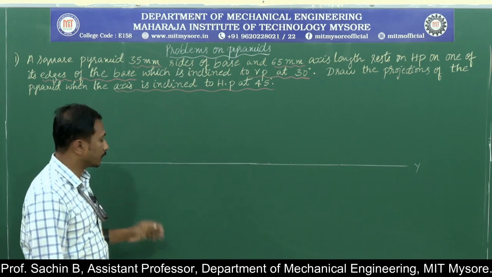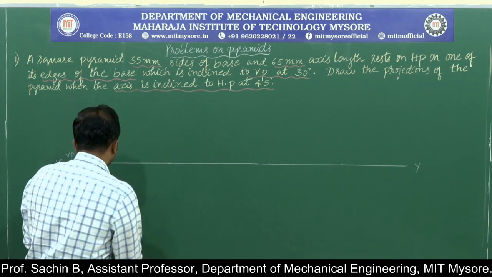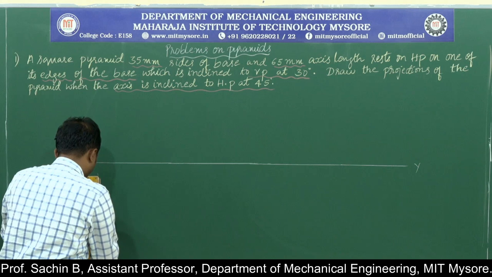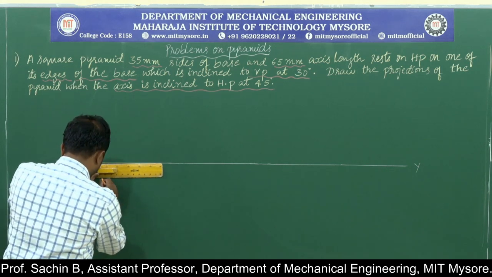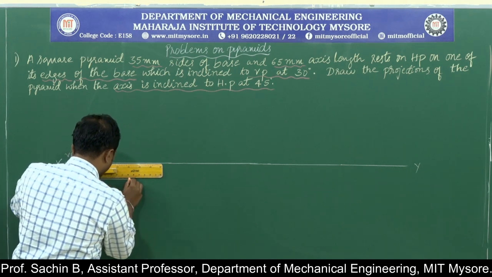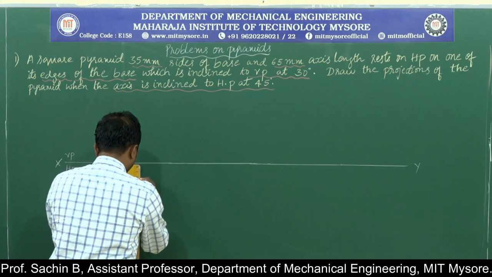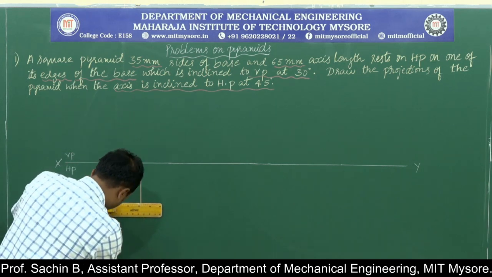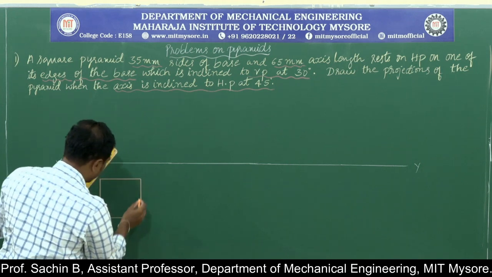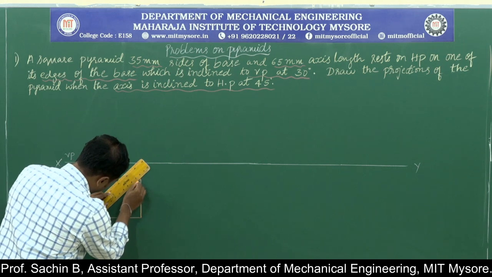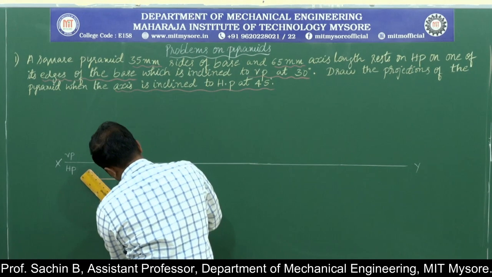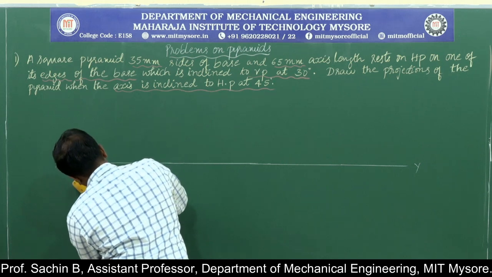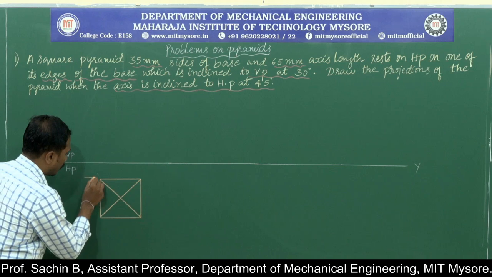Based on that condition, here I am going to draw a square pyramid resting on an edge on HP. Okay, this is the square pyramid resting on edge condition.